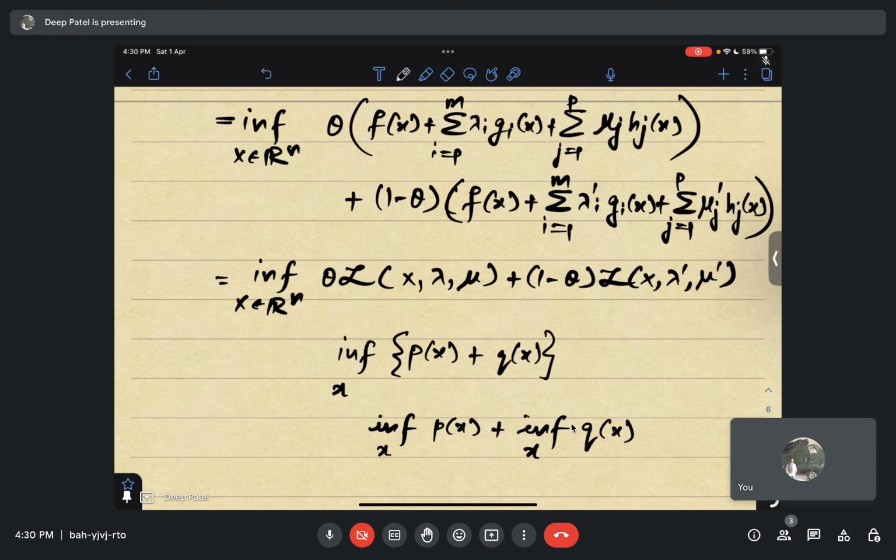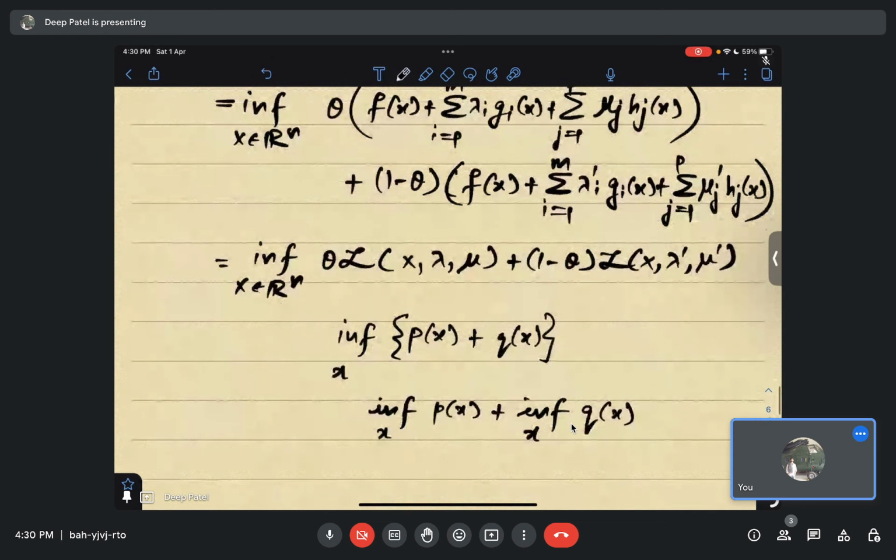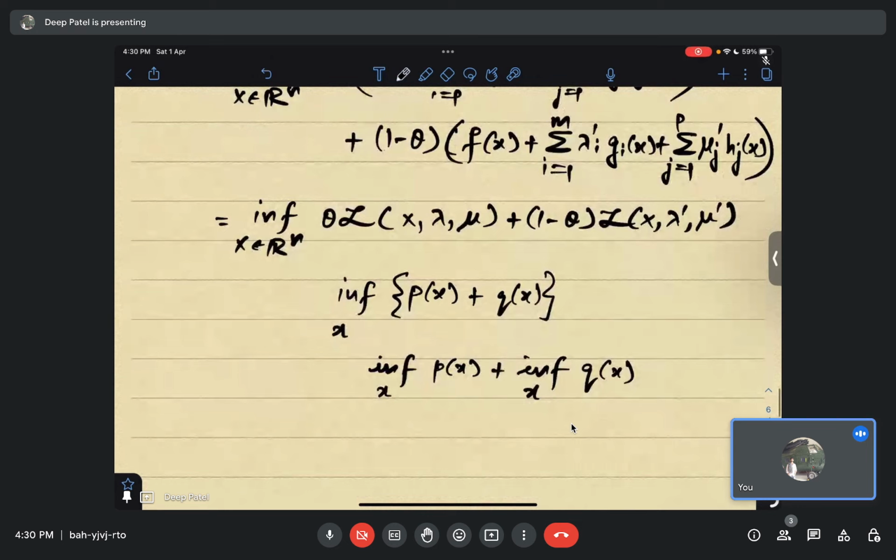So infimum of p x is this. Yeah, give me a second. This is less than or equal to, right? Which one is less than or equal to what? The left hand side is less than or equal to the right hand side, right?